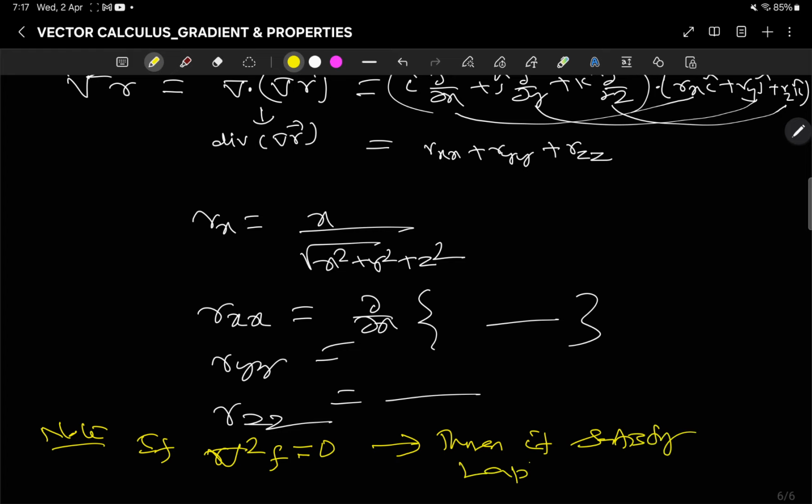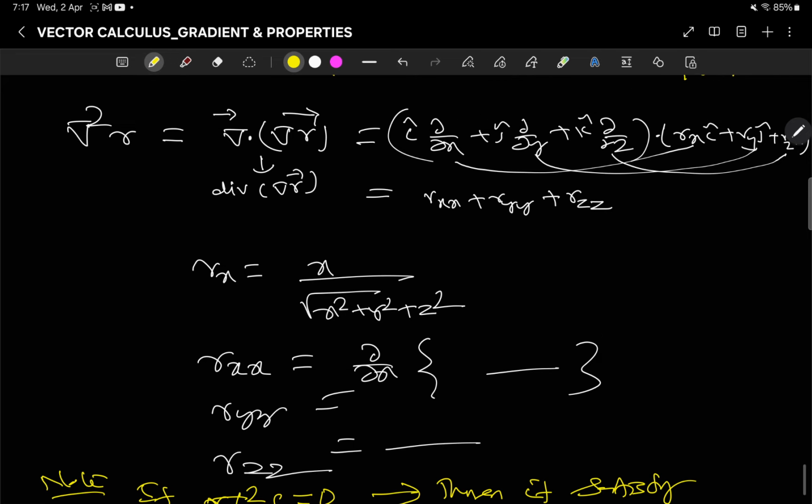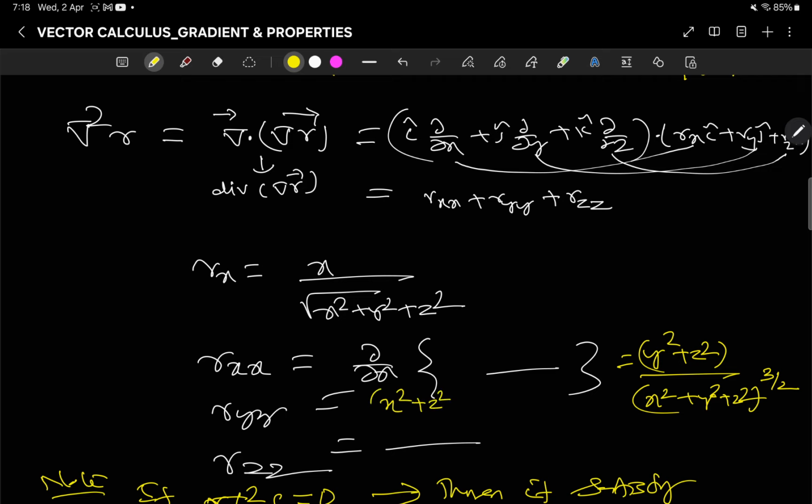Actually, if I simplify it here, then it will give me y square plus z square divided by x square plus y square plus z square to the power 3 by 2. Okay, similarly here it will be x square plus z square divided by x square plus y square plus z square to the power 3 by 2, likewise this.